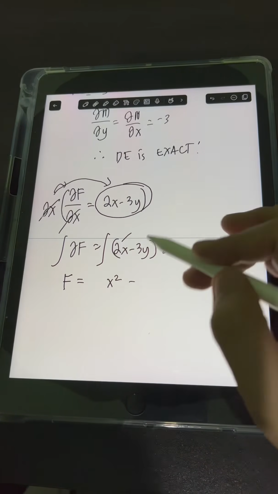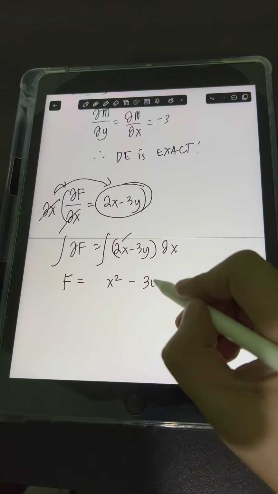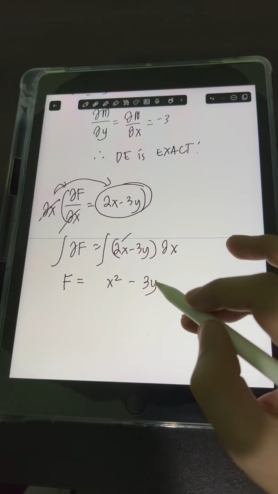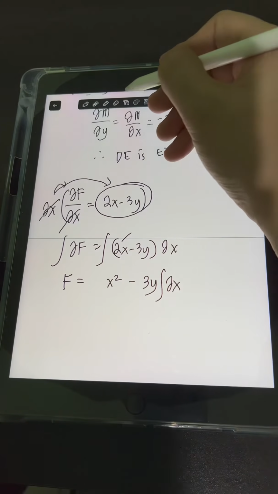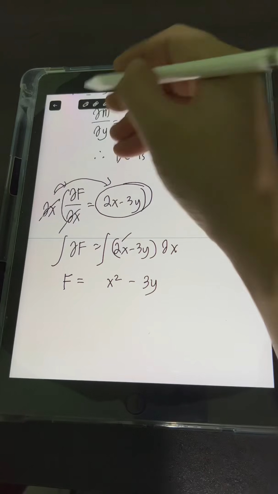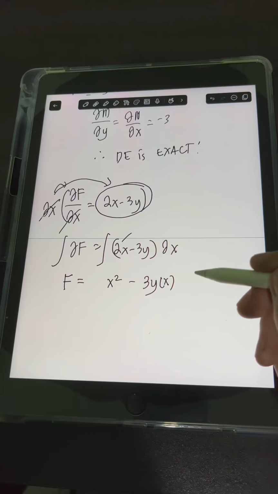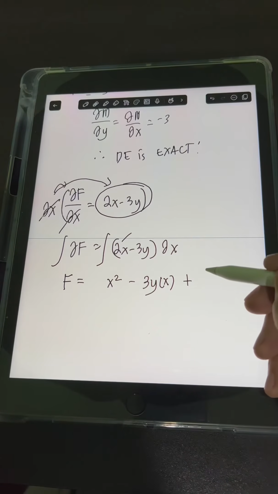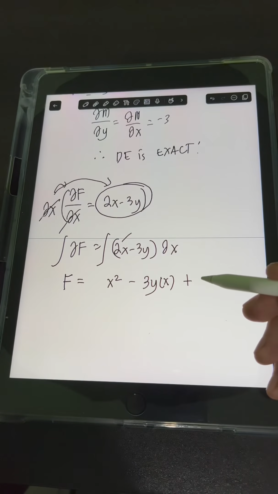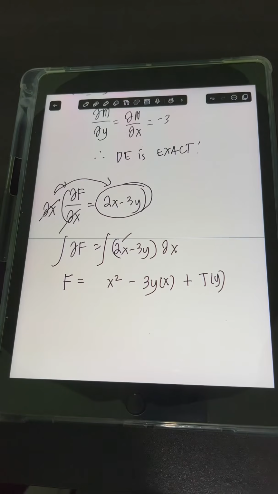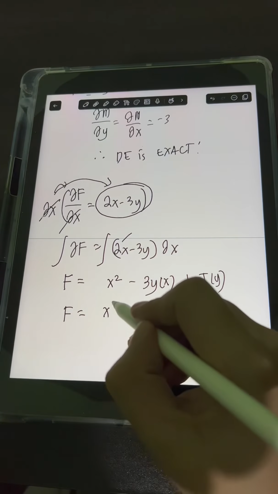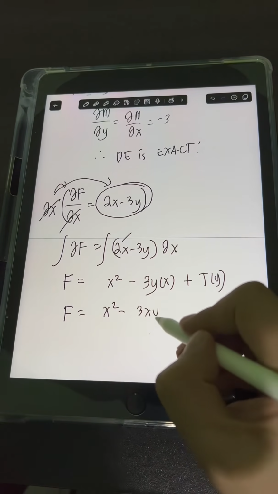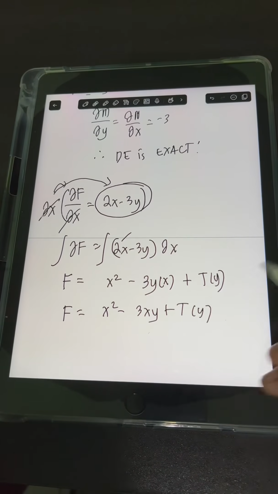Then minus the integral of 3y. Take note that 3y is constant, so you can just put it in front of the integral times the integral of dx, which is equal to x. Then instead of putting plus c for the constant of integration, we will put a function of y, let's say t(y), for the constant of integration. So therefore, we will have f is equal to x squared - 3xy + t(y).